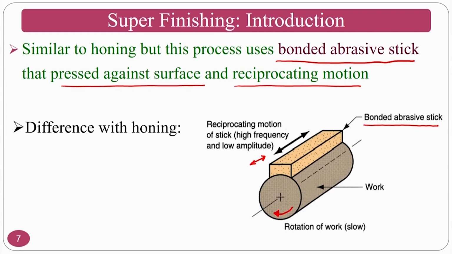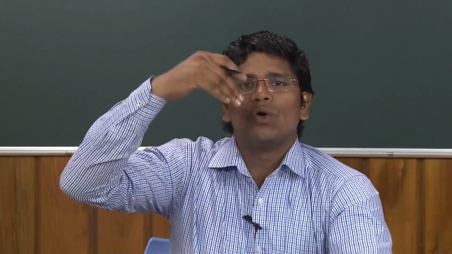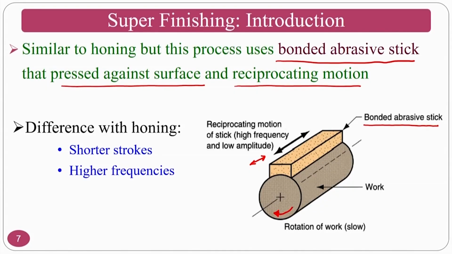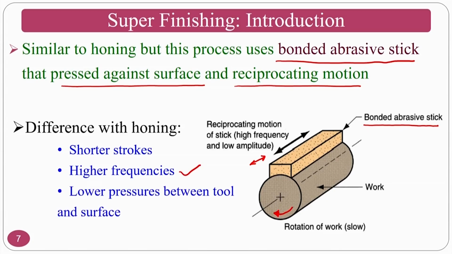Now the difference between honing and the super finishing process. Super finishing has shorter strokes, whereas in the honing process it reciprocates and rotates throughout, for example, the engine block. So the stroke amplitudes are very high in honing, but in super finishing the strokes are very short and the frequency is very high, whereas the frequency in honing is very low. There are lower pressures between tool and surface.